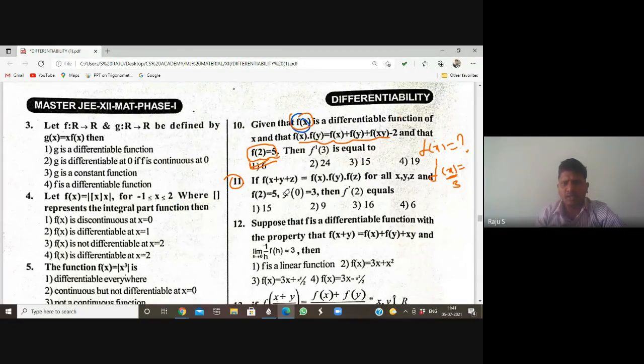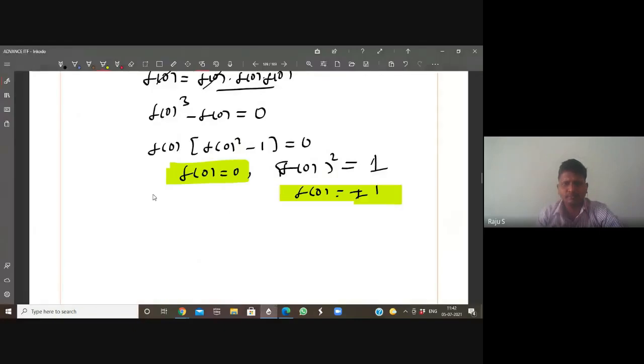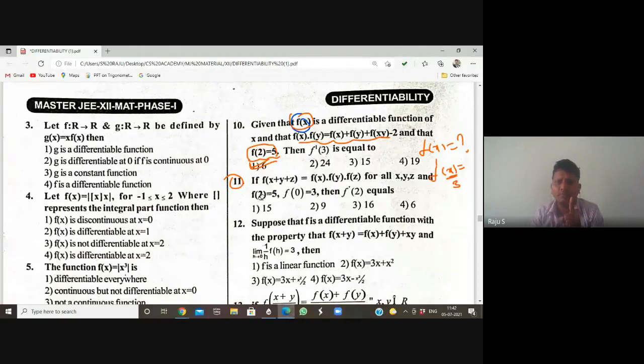Okay, student, first we have to find f of x. For that, if they given clear f of 2 value, I want to substitute x is equal to x alone, y is equal to 2, z is equal to 0, or your wish, because you know f of 2 value, so one of the values I am taking as y value as 2, or else you can take z as 2, y as 0, no problem.